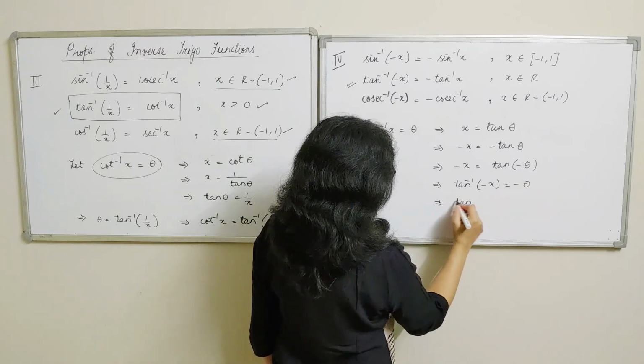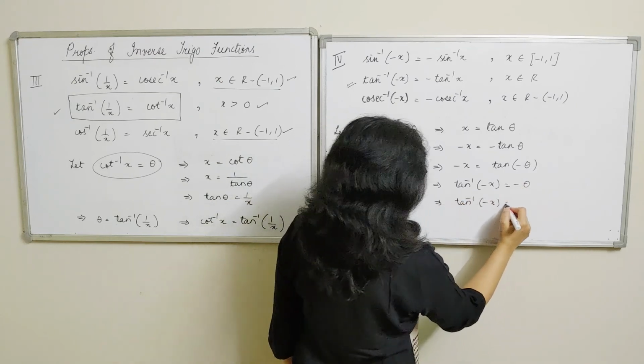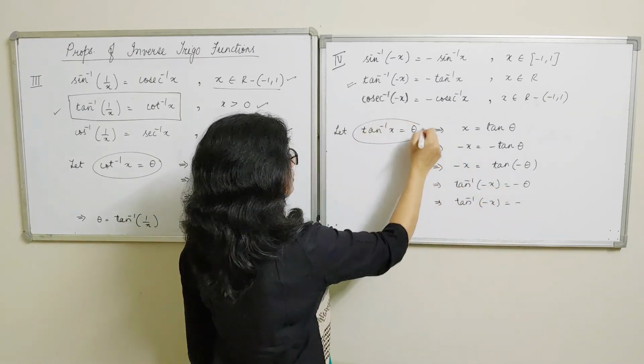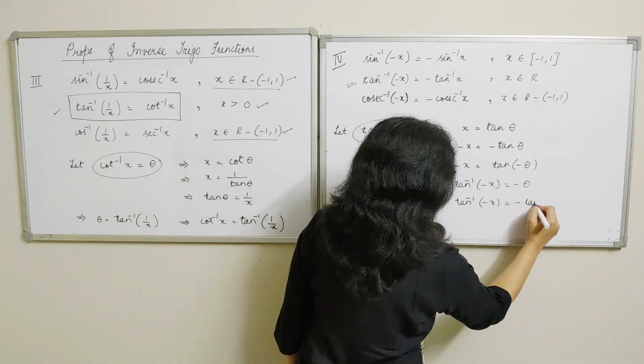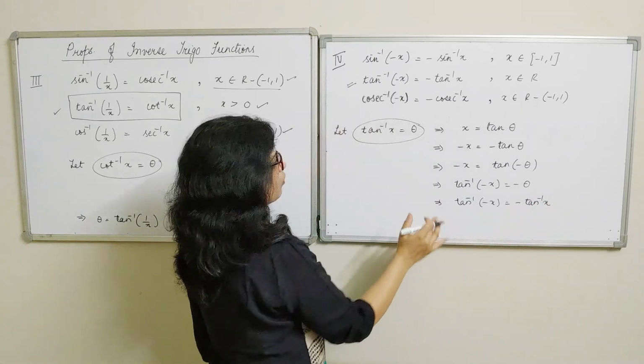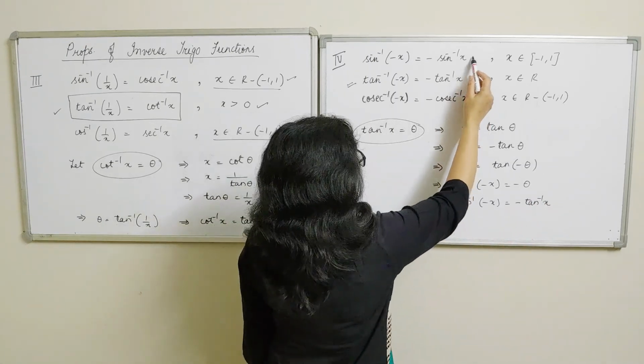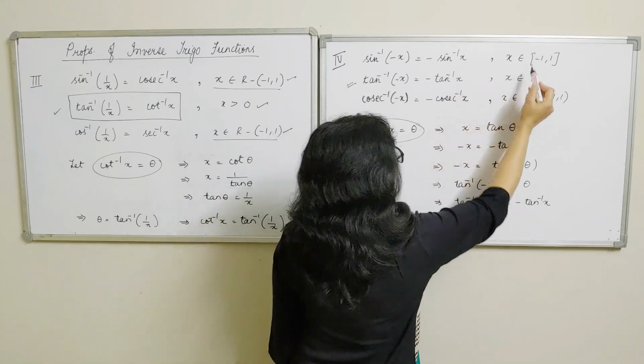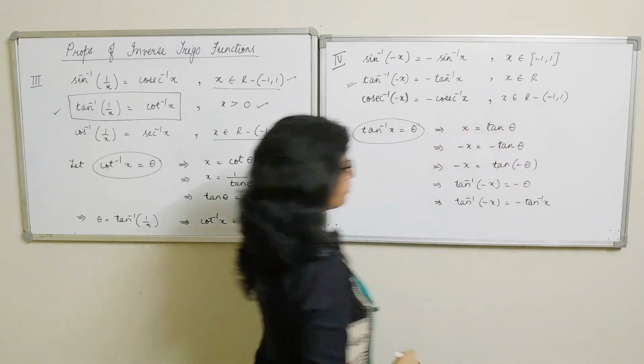So in this last step, let us substitute theta. This is theta, so minus tan inverse x. So this is how the result is obtained. Here once again we have to remember that the result is applicable only in these given domains.